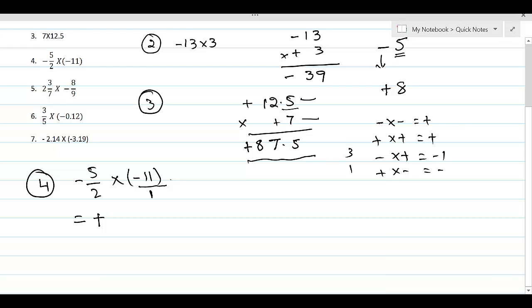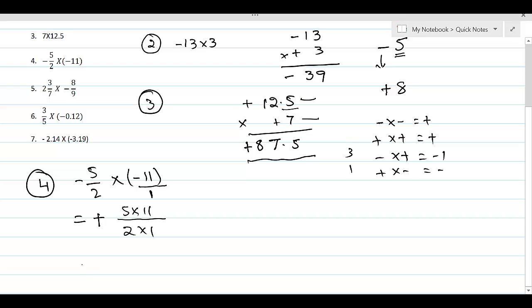So now in the multiplication of rational numbers, which are in this case fractions, negative times negative is positive, and we multiply numerator with numerator and denominator with denominator. So let's draw the line and multiply the numerators in the upper portion: 5 times 11 and 2 times 1.